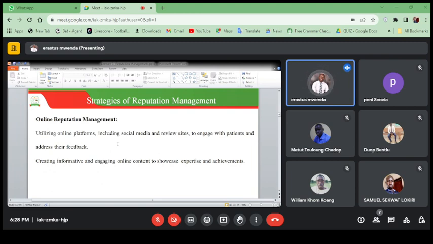And what organizations are also doing currently is creating online content to showcase their expertise. For example, when you go to Facebook, you're going to find a page they call Cleveland Clinic.